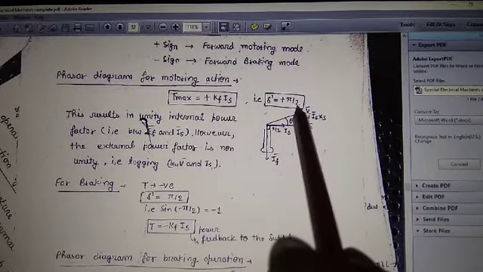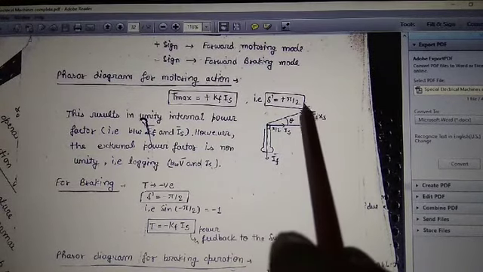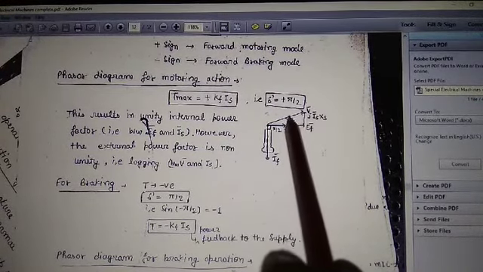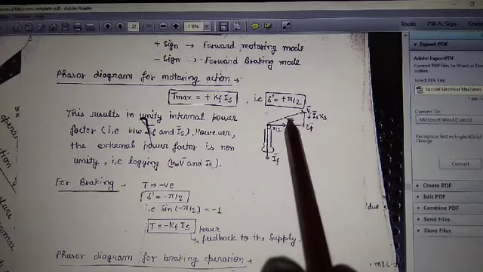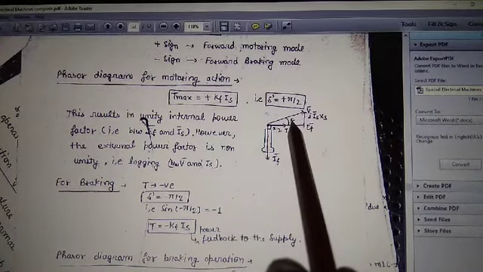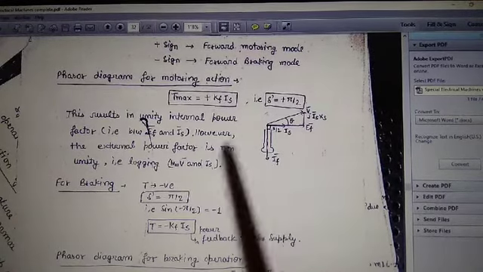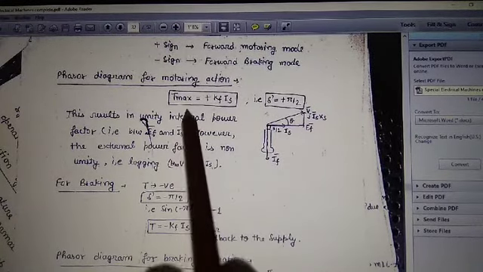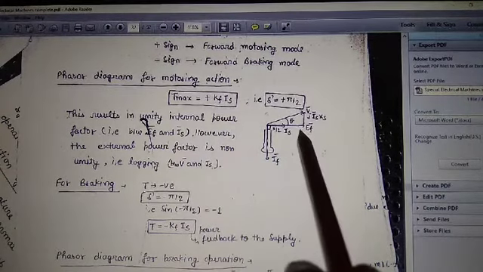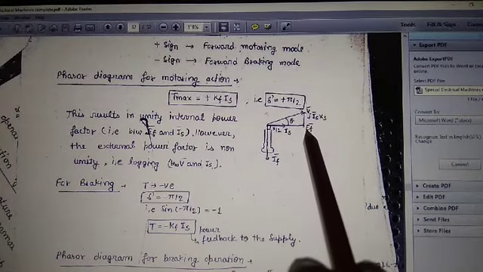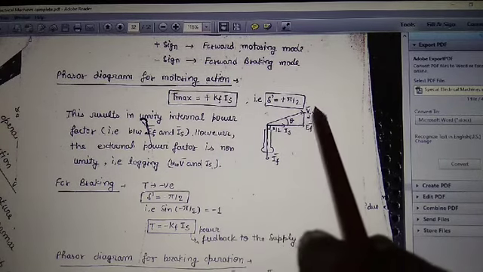However, the external power factor is given by the angle between terminal voltage V and I_S, which is theta, some lagging. That's why we use the terminology internal power factor and external power factor.